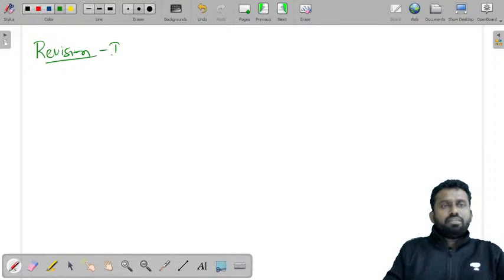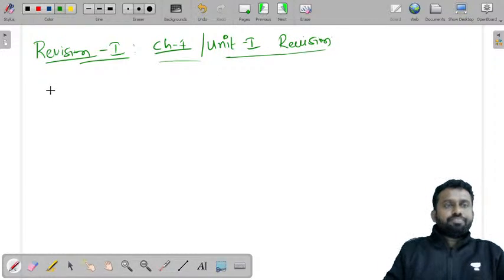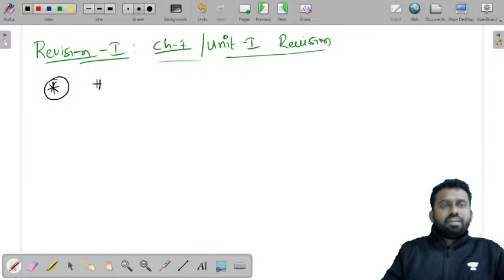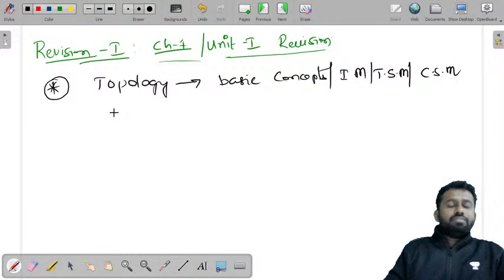Revision 1 we have done, complete chapter 1, or you call it unit 1 revision. We have done topology and revised the basic concepts, also incidence matrix, tie set matrix and cut set matrix as well.